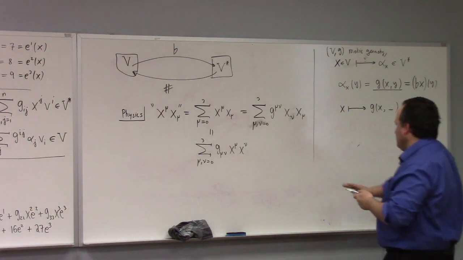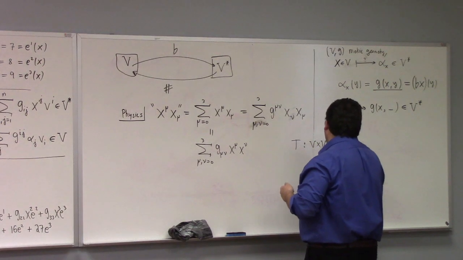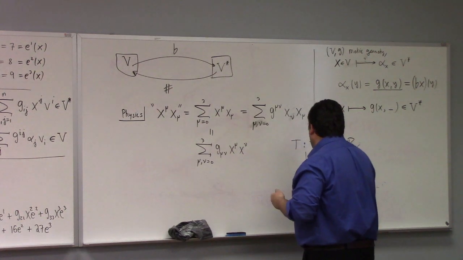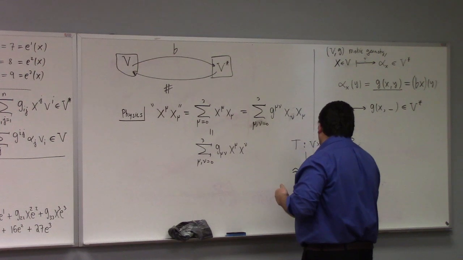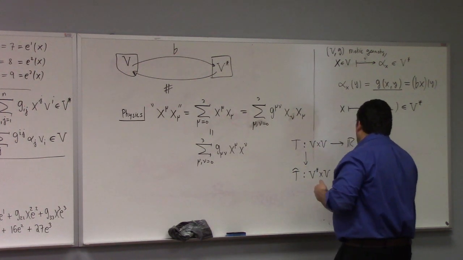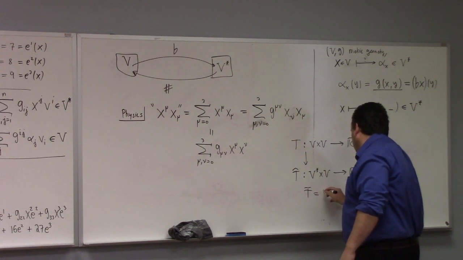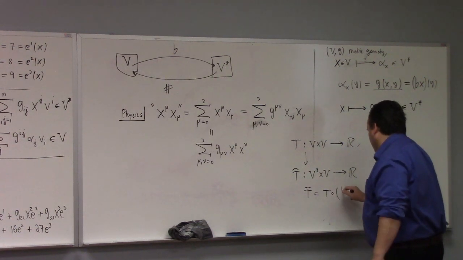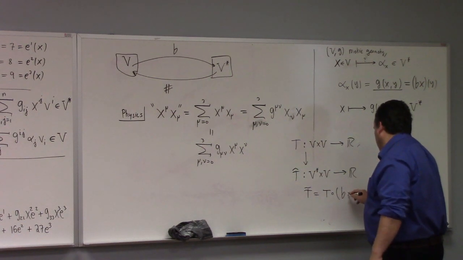So if I'm given a tensor, like a mapping from V cross V to the reals, and I want to induce a new tensor, say t tilde, that goes from V dual cross V to the reals, then I can just do something like t tilde is equal to t composed with the flat map and the identity.